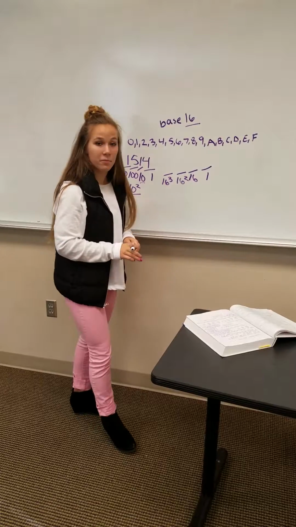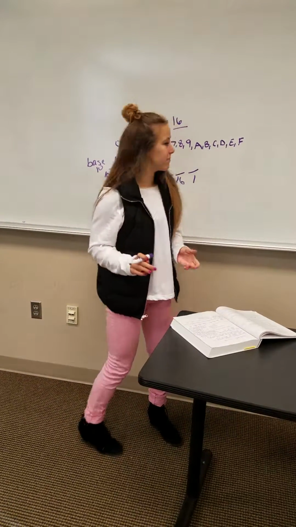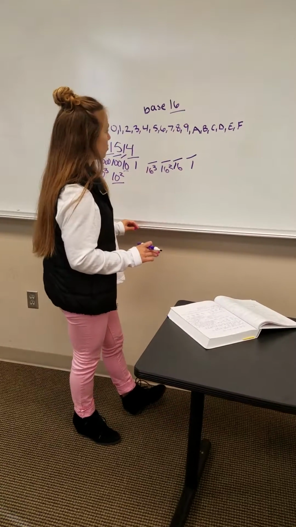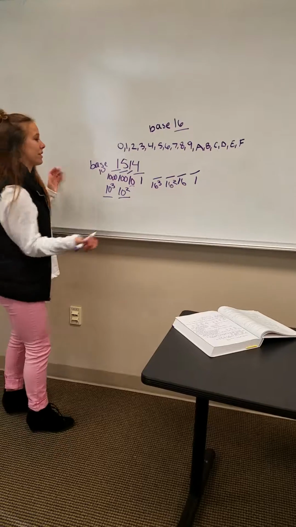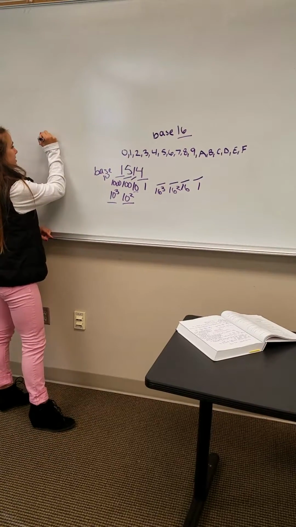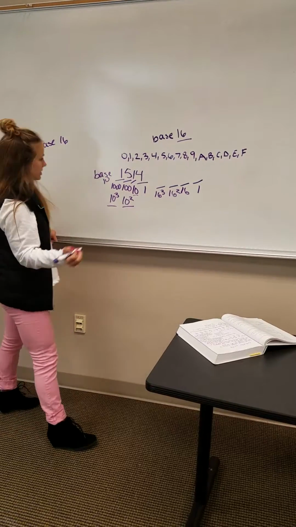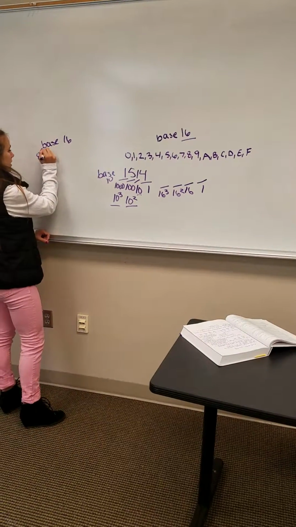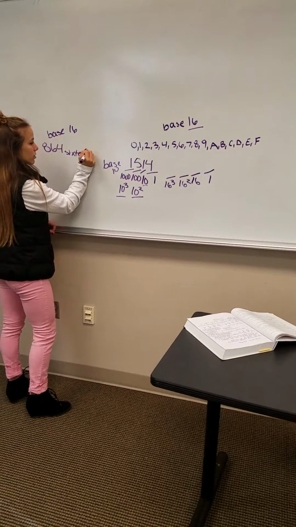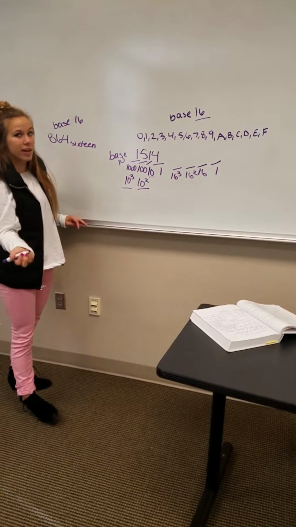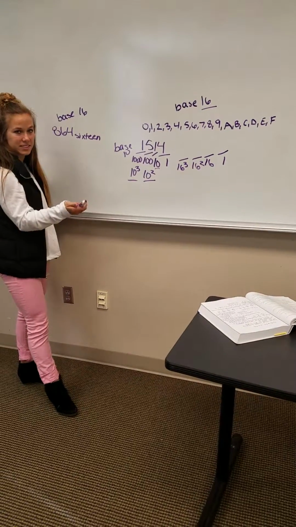So in our problem, for part A, we are given 864 base 16. We're going to work over here now, since we're out of room over there. We don't want to say it as 864, because this isn't the tens place, so it's just 864 base 16.